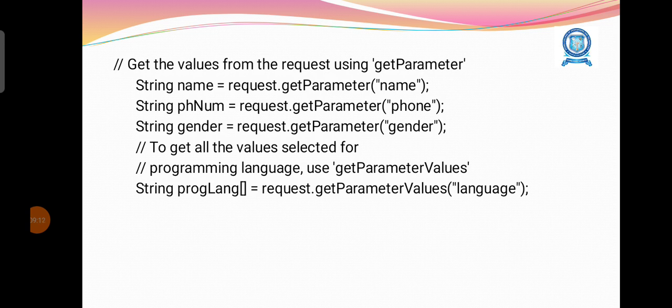Then we are getting the various field information as strings in a separate set of variables in the Java program. For example, the data filled in the phone text field of the HTML form is retrieved and stored in a variable named phnum.